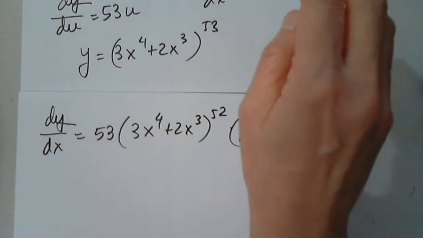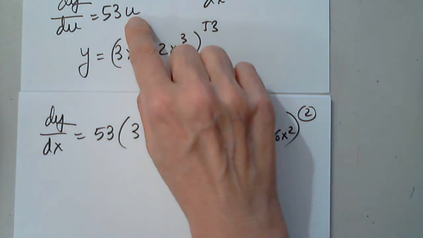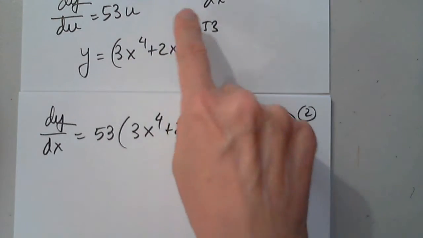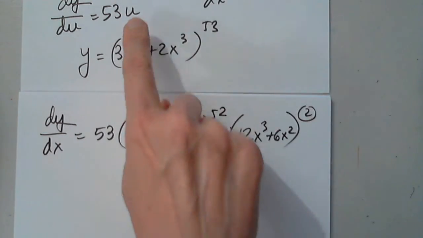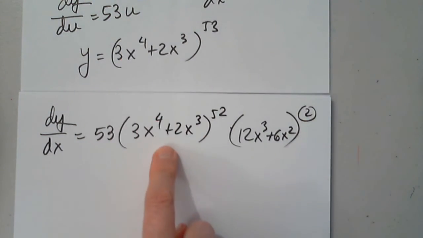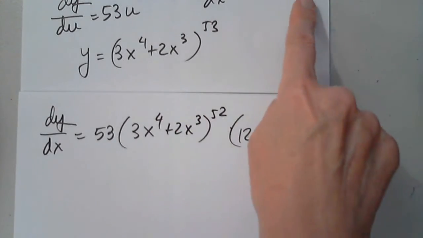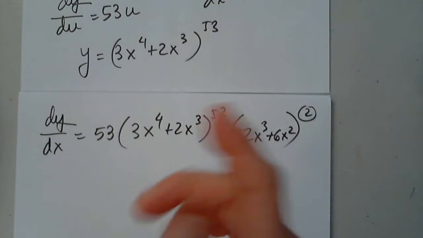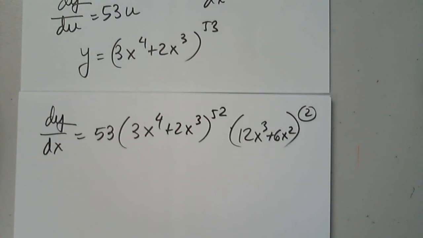Another option is to replace u in here, 53 u to the 52, and then multiply by du over dx. Or you say, I don't want to mess with that, just simply replace it. It's up to you. You have several options.